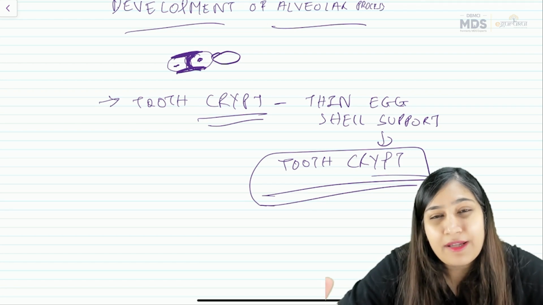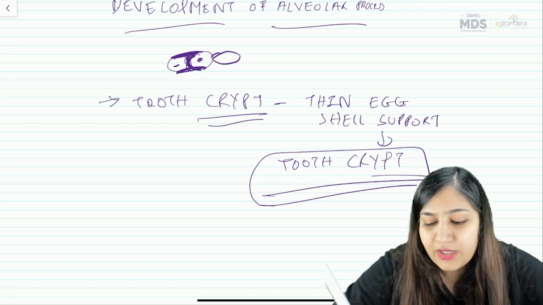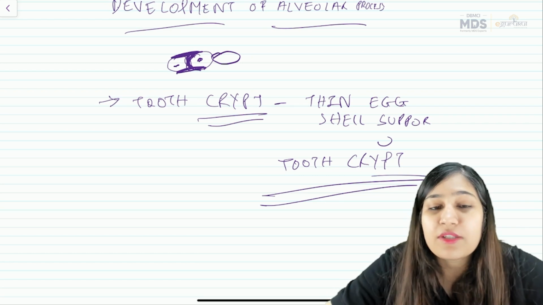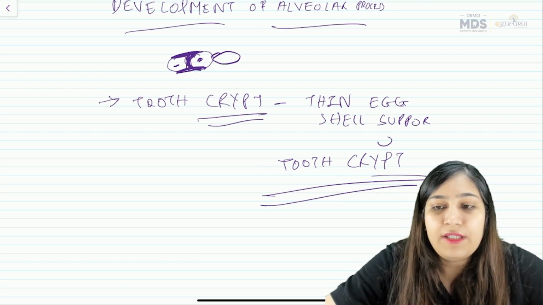It separates the developing tooth germs from one another. It acts as a thin eggshell support, known as the tooth crypt around each tooth germ.